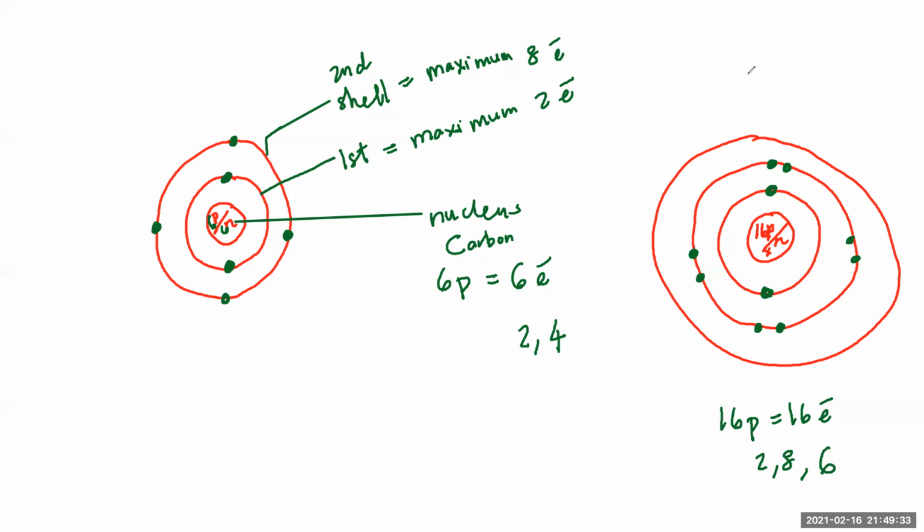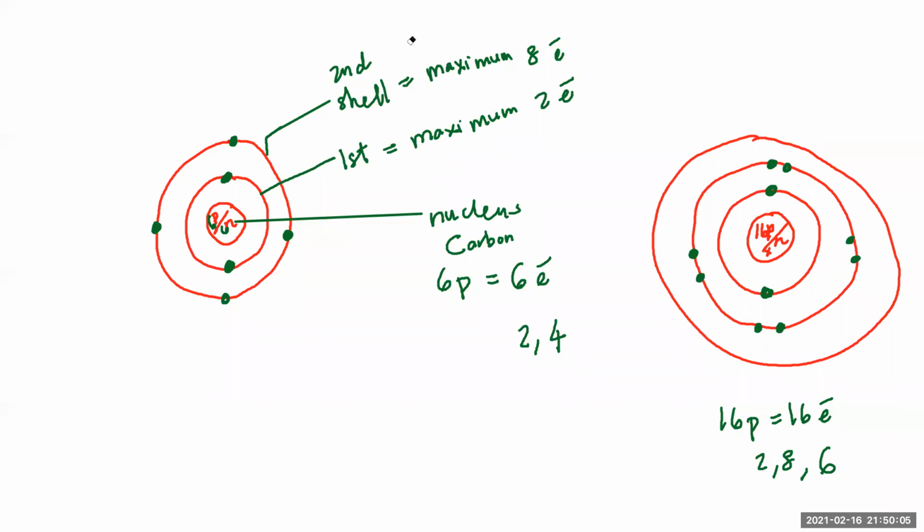Can I fit them all into the third shell? Yes, because the third shell can fit up to a maximum of 18. But because this shell is on the outside, we only fill up to 8. Now, what happens here is we don't have to worry about fitting 8 or 18 because we only have 6 electrons left.